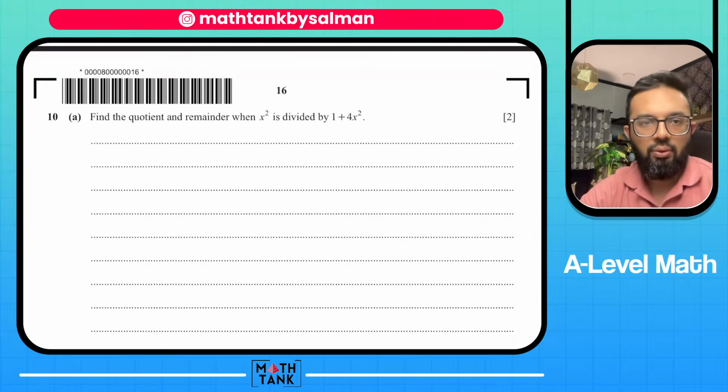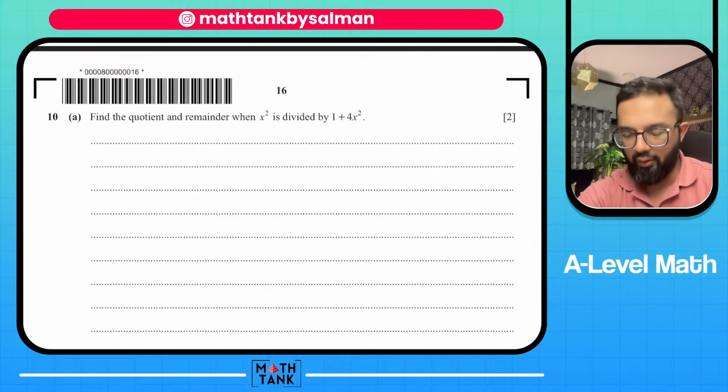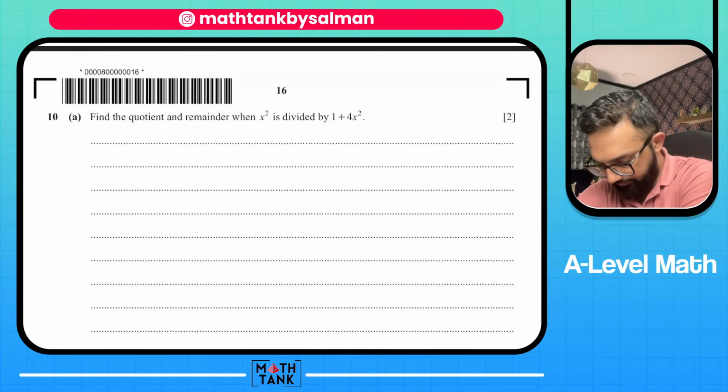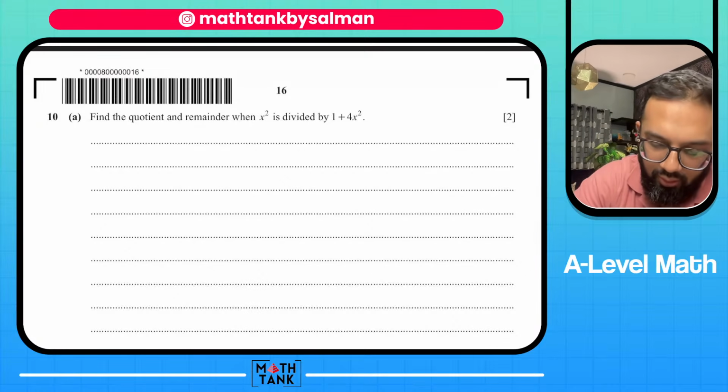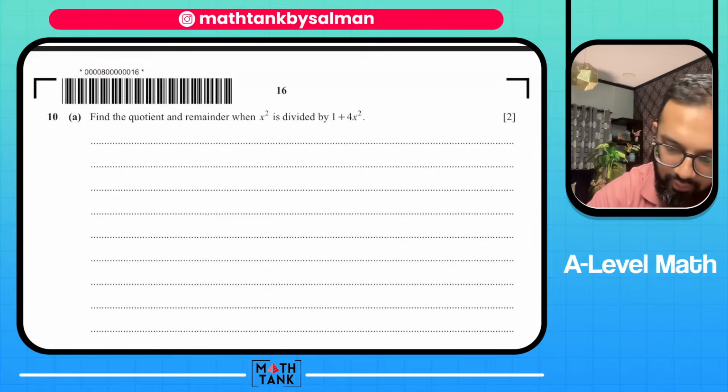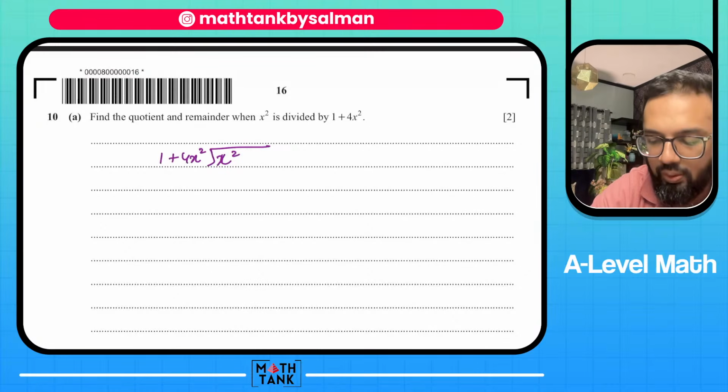We are on to question number 10 now. Find the quotient when x squared is divided by 1 plus 4x squared. So that's unusual.